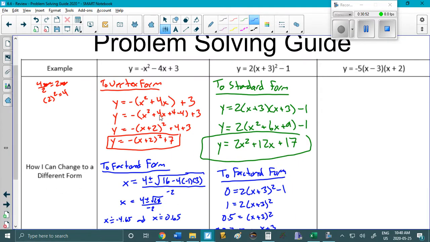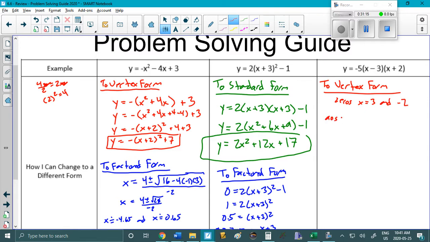All right. Last one, we got a standard form, and we're going to first go to vertex form. So we got factored form, we're going to vertex form. So we need the zeros. X equals 3 and negative 2.